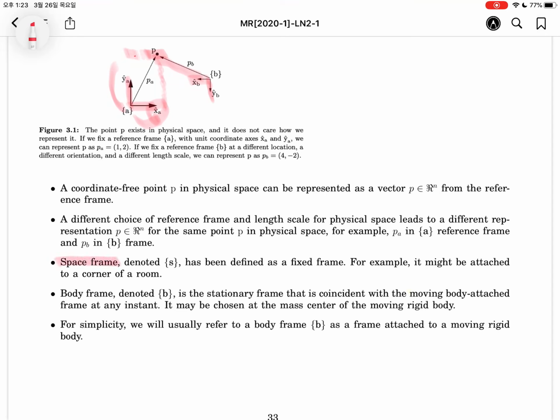For generality, we will introduce two frames: the space frame, denoted by S, and the body frame, denoted by B. The space frame will be defined as an absolute frame, such as the corner of the room or a point on the ground. The body frame is defined on the moving body, such as the mass center of the moving body. The body frame is fixed to the body, but if the body moves, the body frame moves as well.